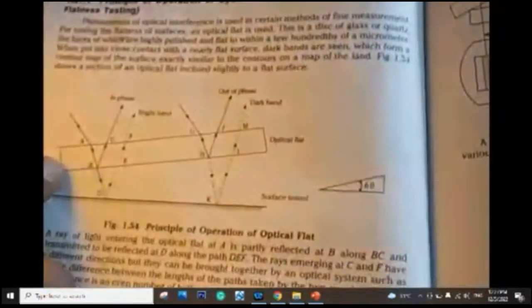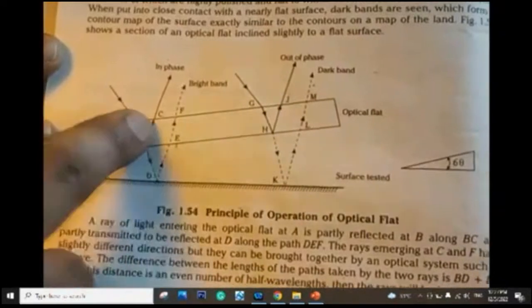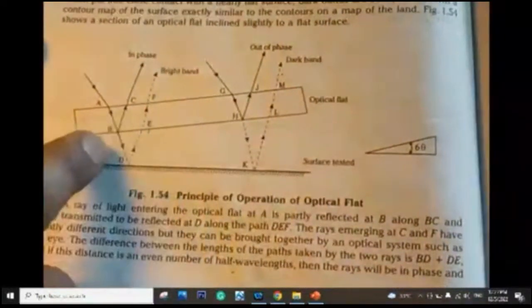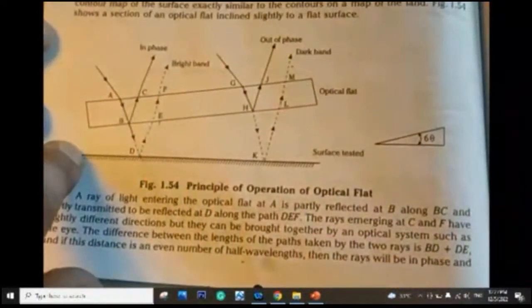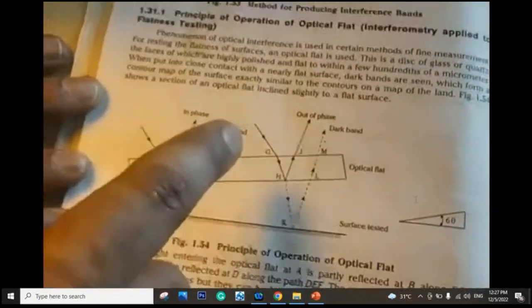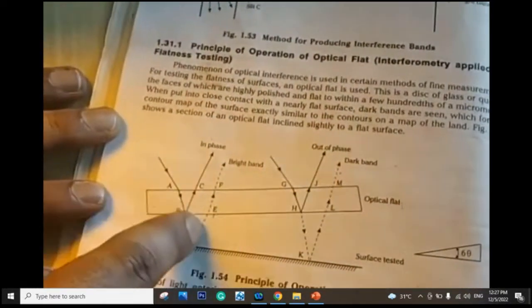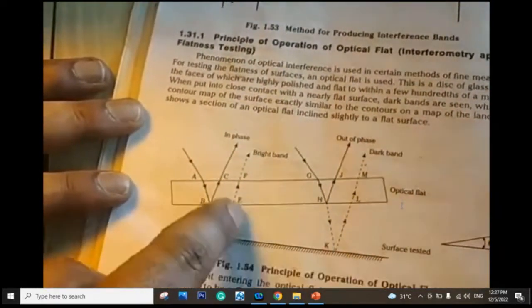Now, in this one, the basic principle is shown here. Let us see here, this is the optical flat, and this is placed on the flat surface. Here we are differentiating the surfaces with the optical flats. For example, if the optical flat is placed on the surface to be tested, it is going to make a wedge here.